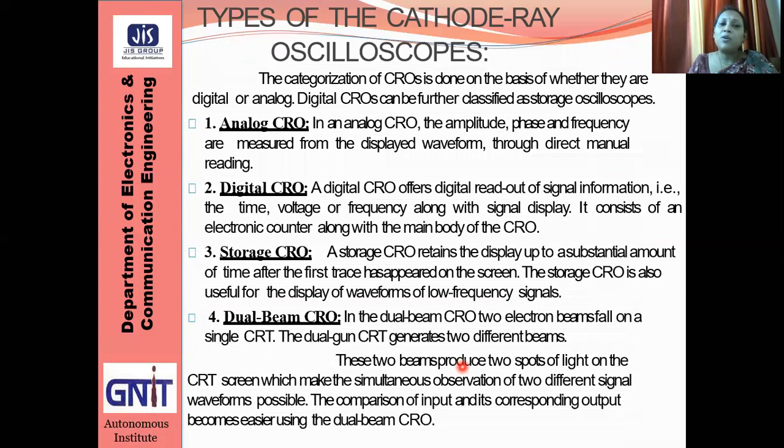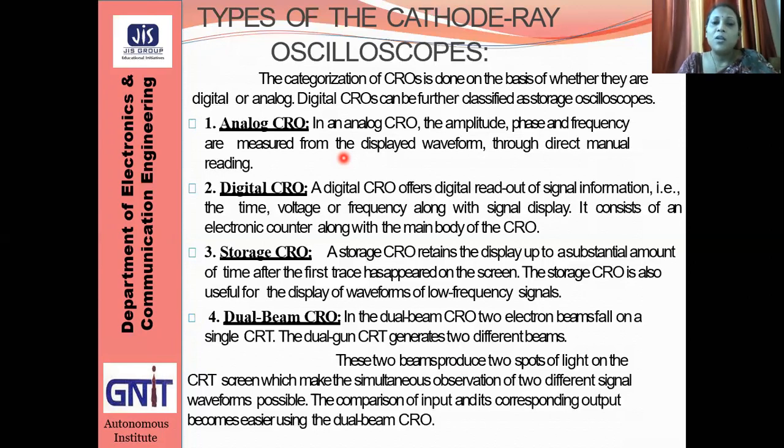Types of cathode ray oscilloscope that are used in the laboratory or in the industry. Analog CRO. In an analog CRO, the amplitude, phase and frequency are measured from the displayed waveform through direct manual reading. Generally, analog CROs are used in different laboratories in colleges and universities, where very high-end measurement is not required.